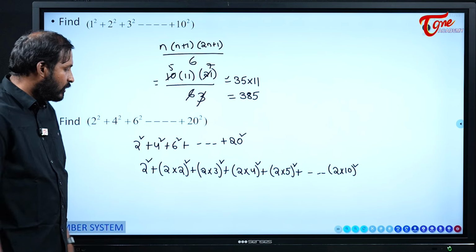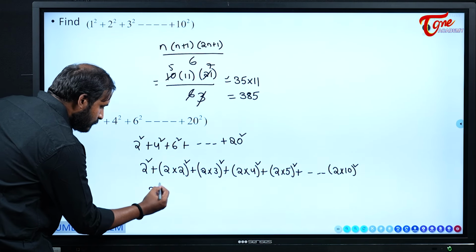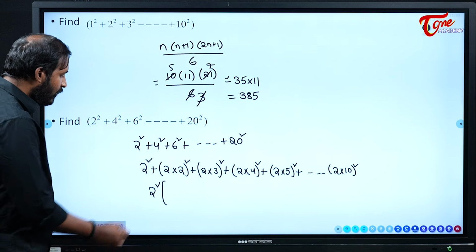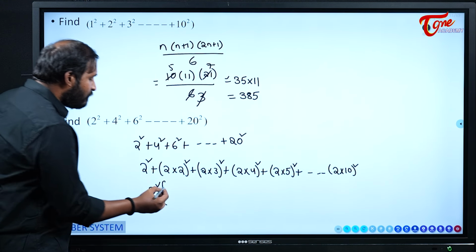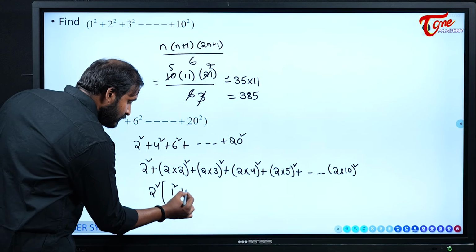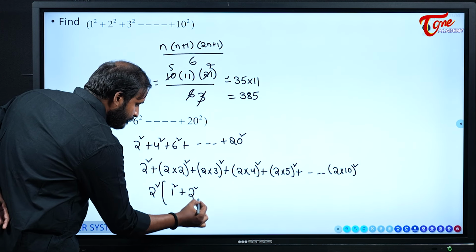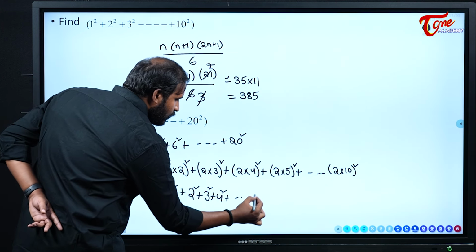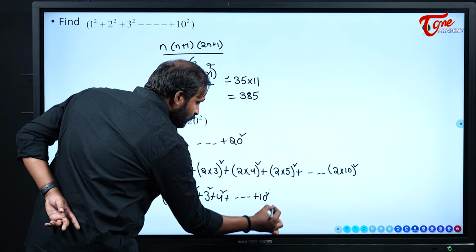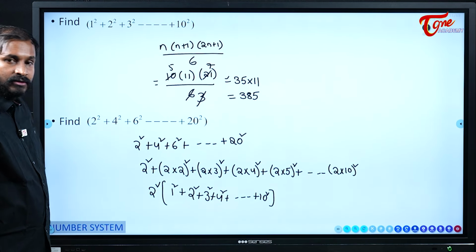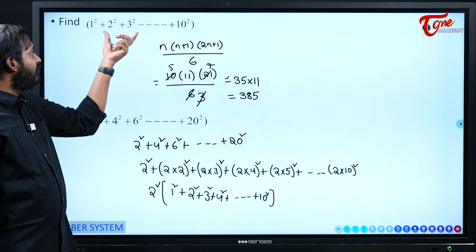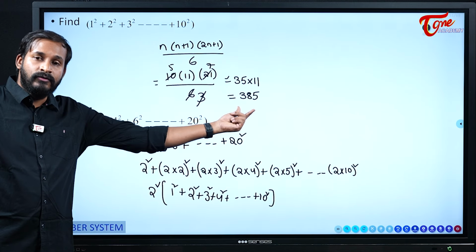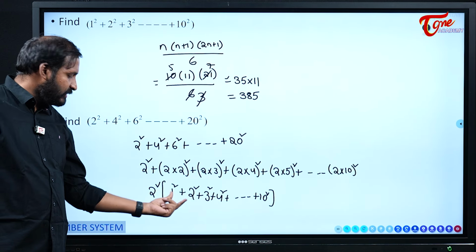Now, I will take 2 square common. When I take 2 square common, what will I have here? 1. I have 1, but intentionally I will write it as 1 square. And I will have 2 square here, 3 square here, 4 square and so on up to 10 square. Now just now we calculated the value of this one. What is its value? 385. So simply substitute that value here.